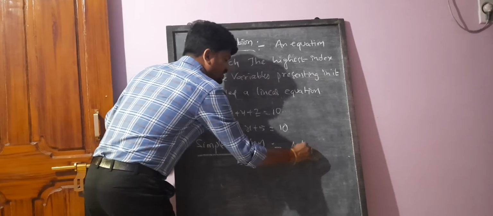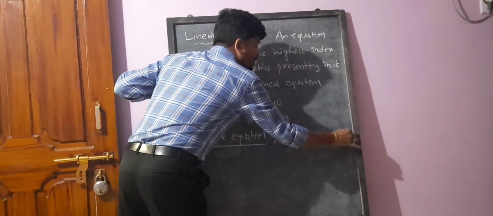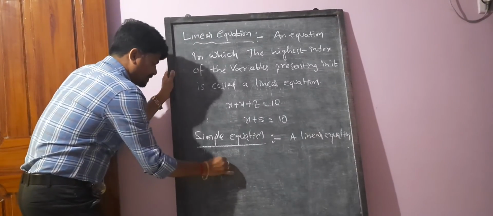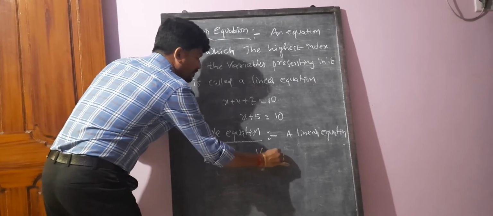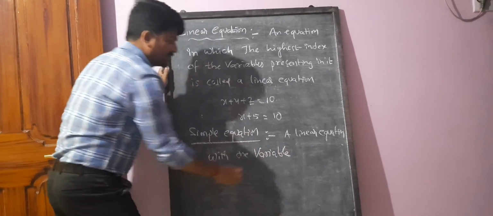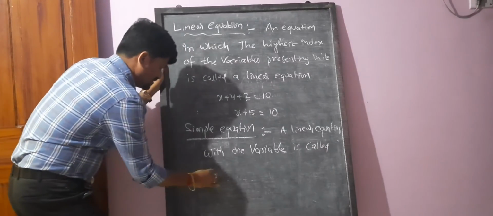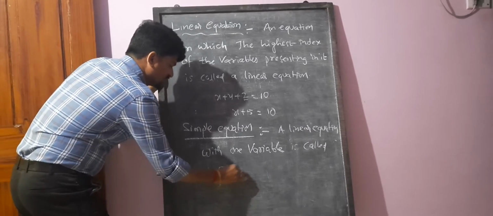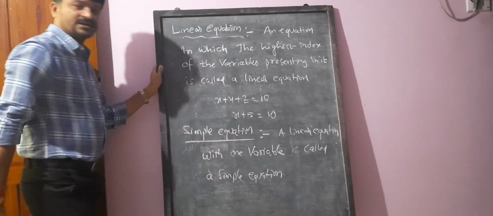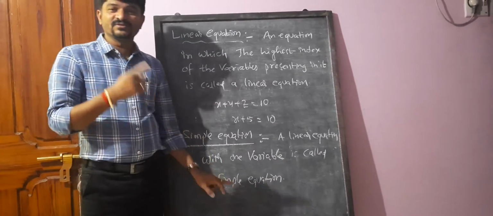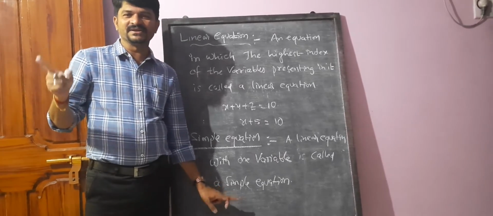A linear equation with one variable is called a simple equation. Understood, children? Now we came to the name simple equation. Our chapter name is simple equation.